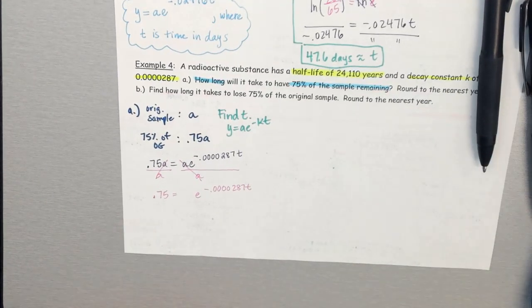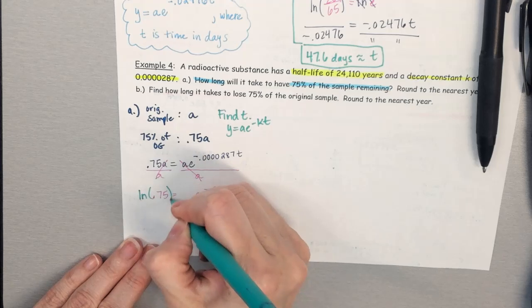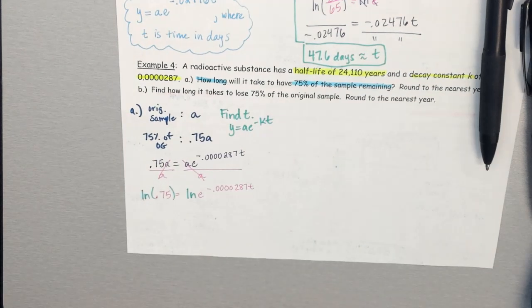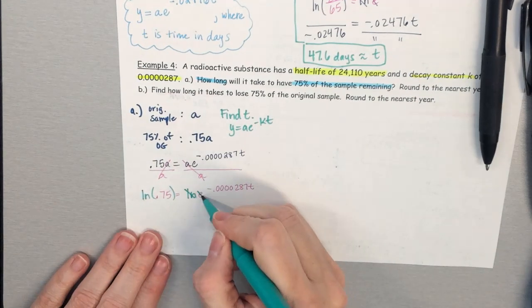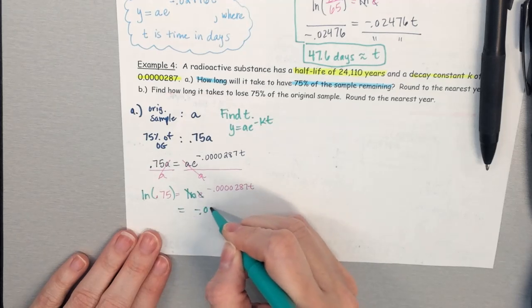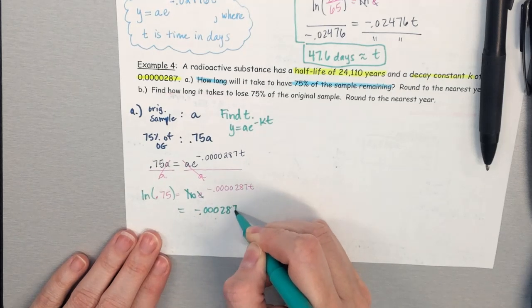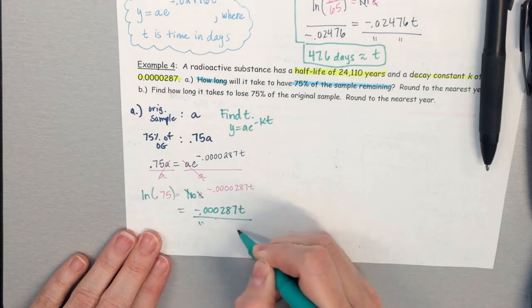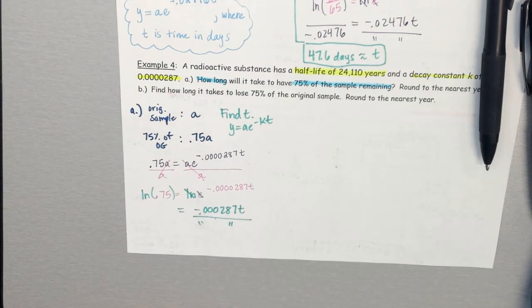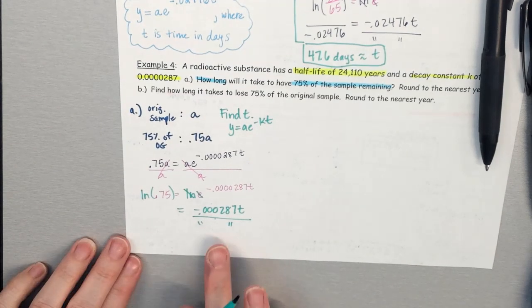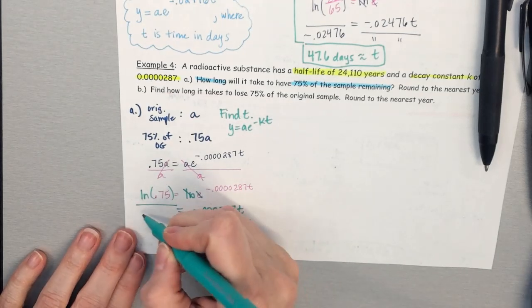And then once you isolate the E, you can take the natural log. That's going to bring this down in front. And then we know to get T by itself, we're going to divide. So again, if you want to use those quotes there, I know that's a bigger decimal.